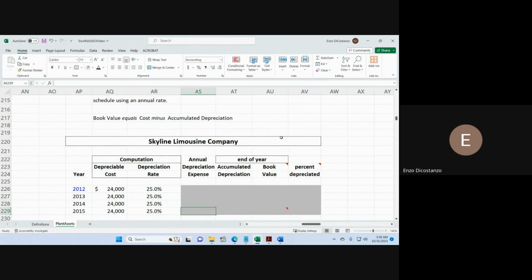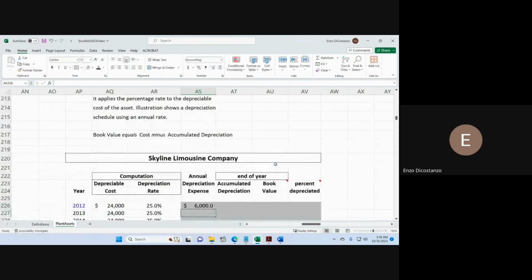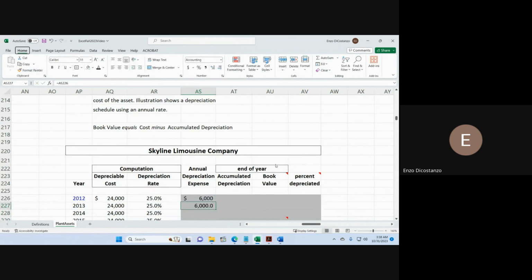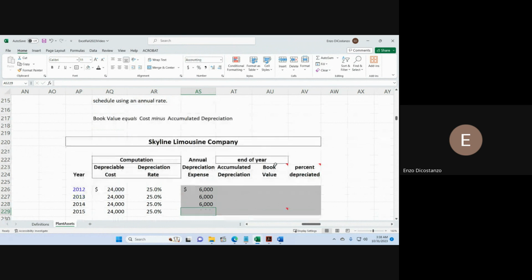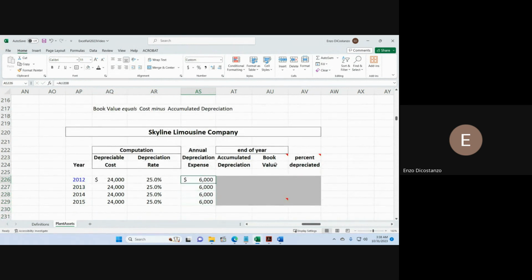This is all the same stuff. The annual depreciation cost is 6,000. And again, we accumulate with the same formula. We'll lock that, right? We'll lock the column.